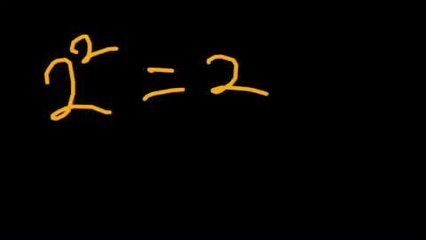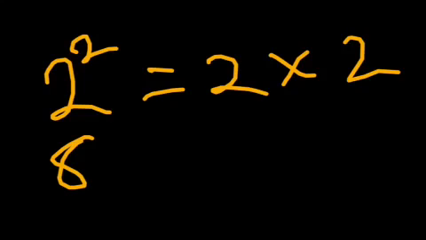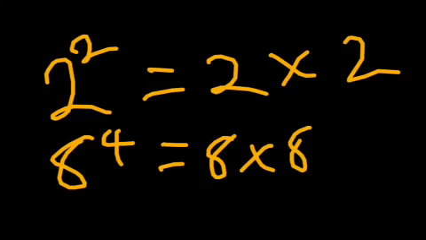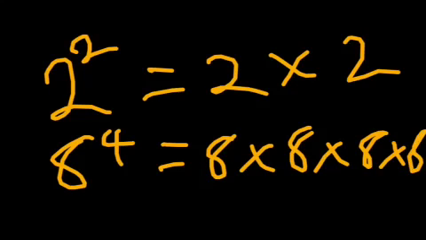So anything to the power of 0 is equal to 1. And 2 to the power of 2 is equal to 2 times 2, obviously. And 8 to the power of 4 is equal to 8 times 8 times 8 times 8. So it's good to have those basics covered.